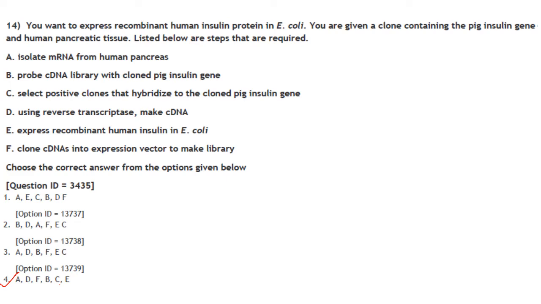Then using reverse transcriptase make cDNA, that is D. Then comes clone the cDNAs into expression vector to make library, that is F. And then probe cDNA library with cloned pig insulin, that is B. Then select positive clones that hybridize to the cloned pig insulin gene, that is C. And express recombinant human insulin in E. coli, that is E. So the answer is option 4. A, D, F, B, C, E.